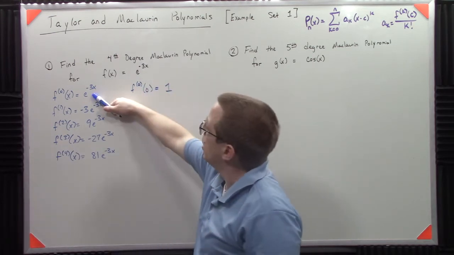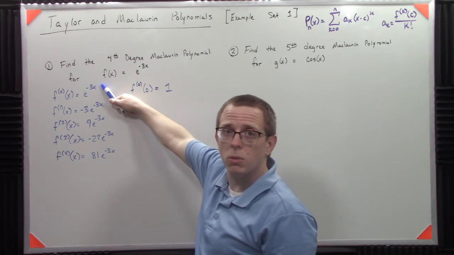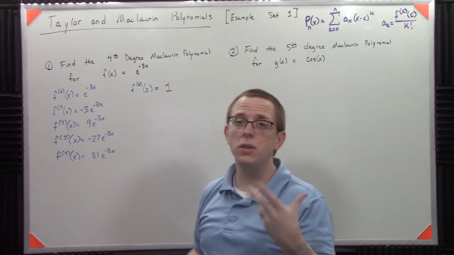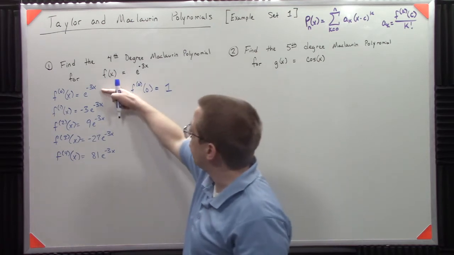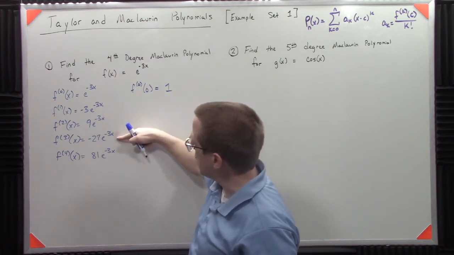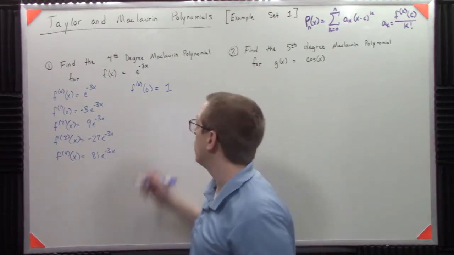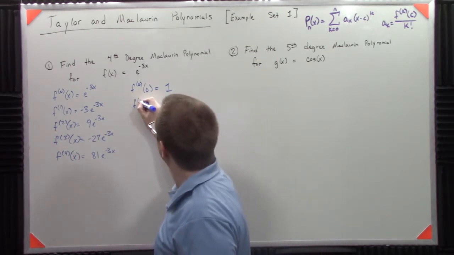So that's just 1. Notice that when I plug in 0, e to the negative 3x is e to the 0, and e to the 0 is 1. So all of these e to the negative 3x's, when you plug in 0, are just going to disappear.